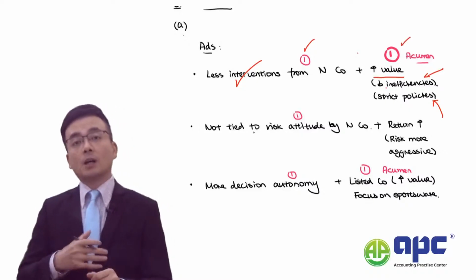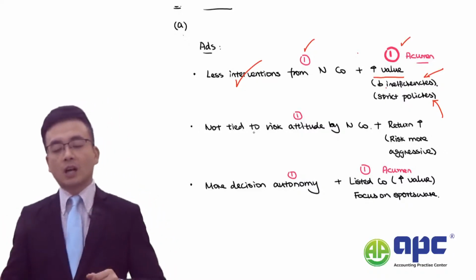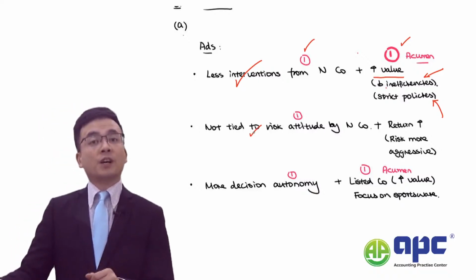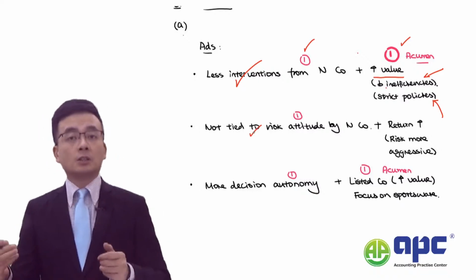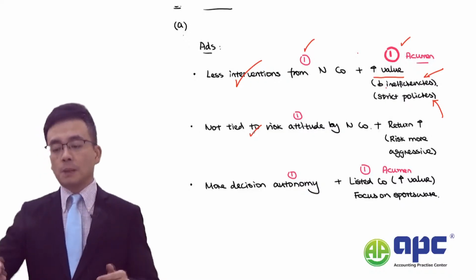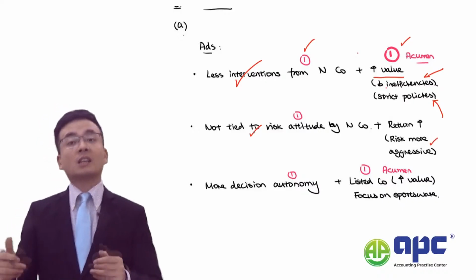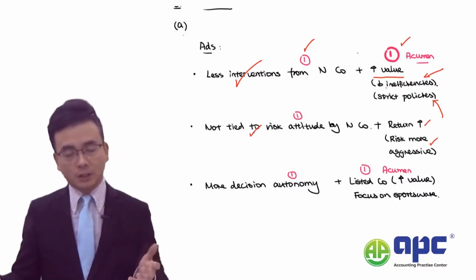So at the same time, if you were to demerge that company, the new company is not tied to the risk attitude of the original firm, which means that you can have a different risk attitude. You could be more risk aggressive and focusing on higher return projects, even though you need to take on additional risks.